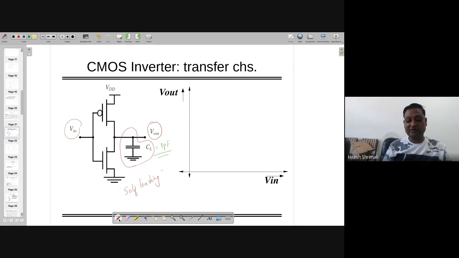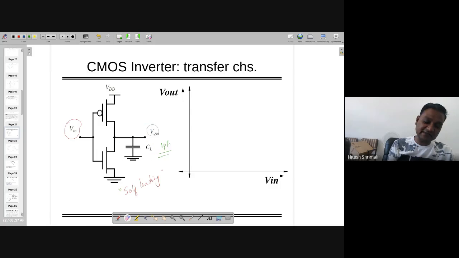However, you can consider load resistance also, just to see how the RC time constant is affected. However, we are going to use load capacitance. If it is there, it's good enough. You need to consider the oscilloscope's impedance along with the probe, whereas if it is not there, it's a self-loaded condition. Okay, so now let's assume that load capacitance is there with some value.